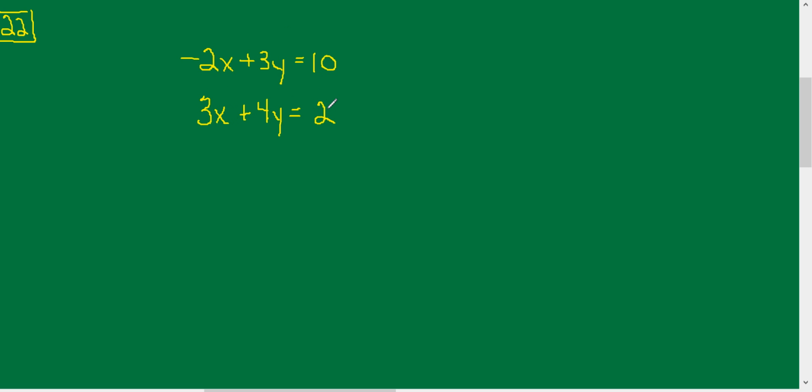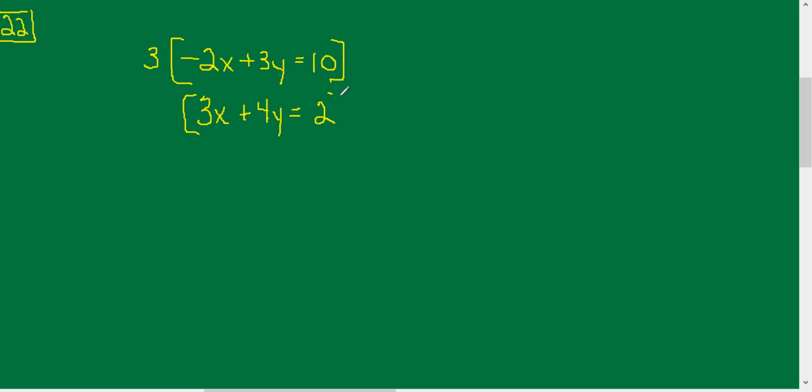When this happens, I always pick on the x's to be opposites because, I don't know, I just like working in the front better. So what I'm trying to say is I'm going to multiply the top equation by the coefficient of the x in the bottom equation. So that's going to be 3.